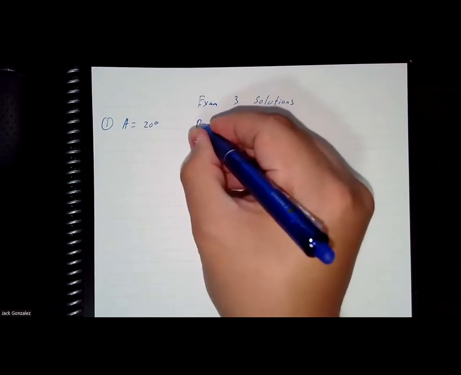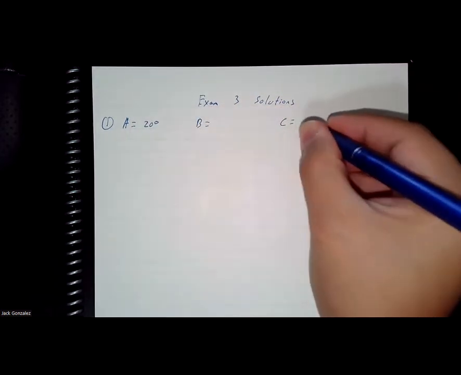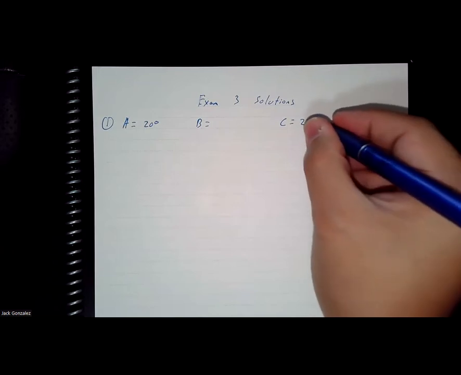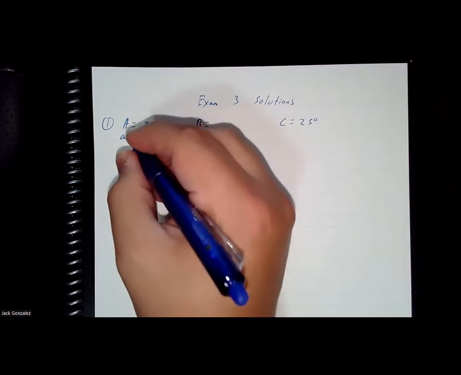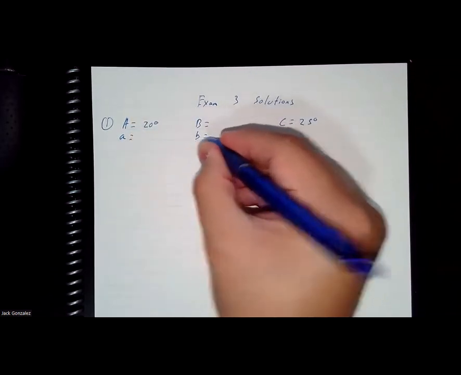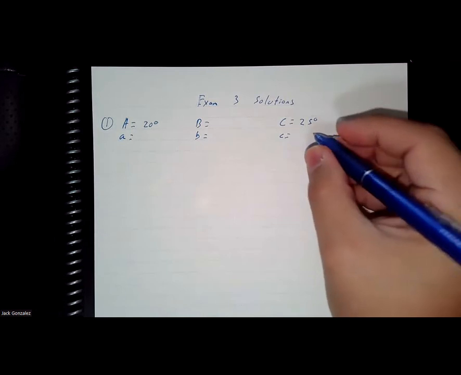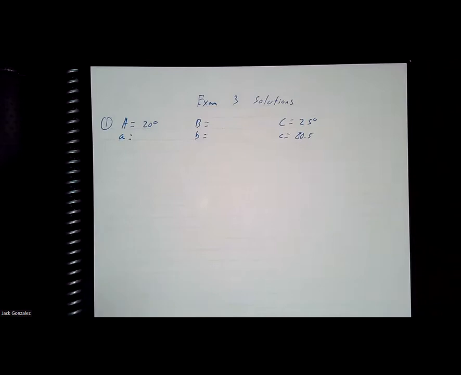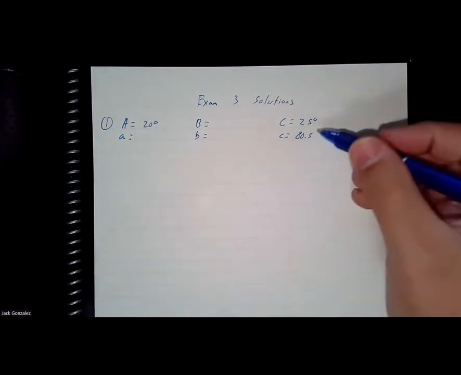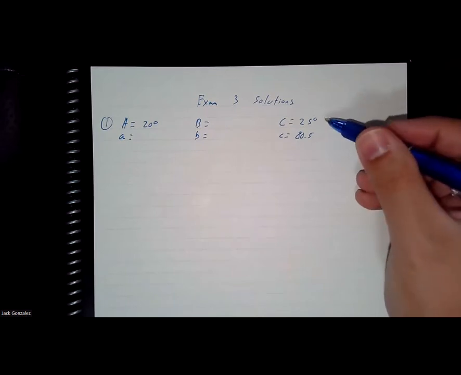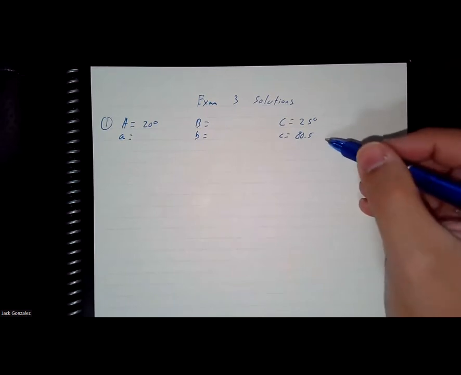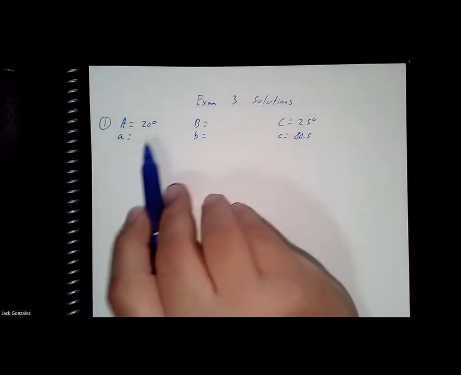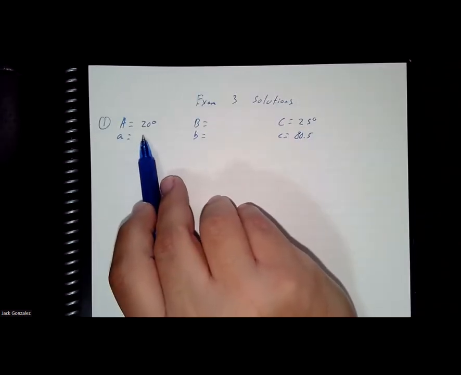We don't have B. C is equal to 25. Little a is missing. Little b is missing. Little c is 80.5. So I have an angle and a side opposite to that angle. So I can do law of sines, and I'll do it on this one to find little a.